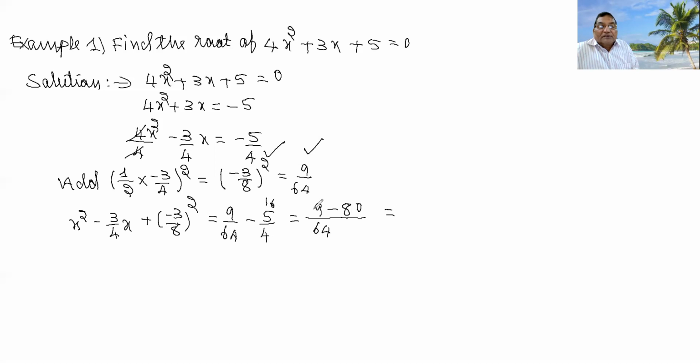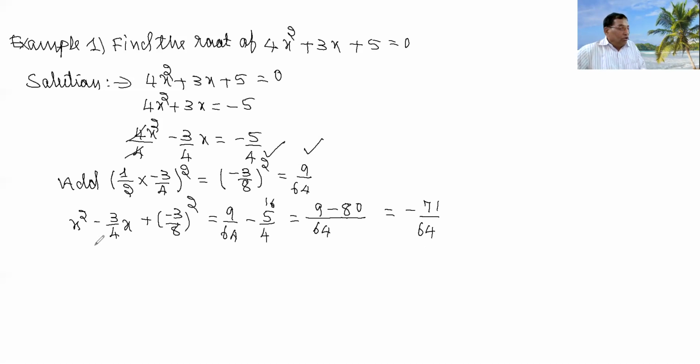9 minus 80. This is minus 71 upon 64. Look here.